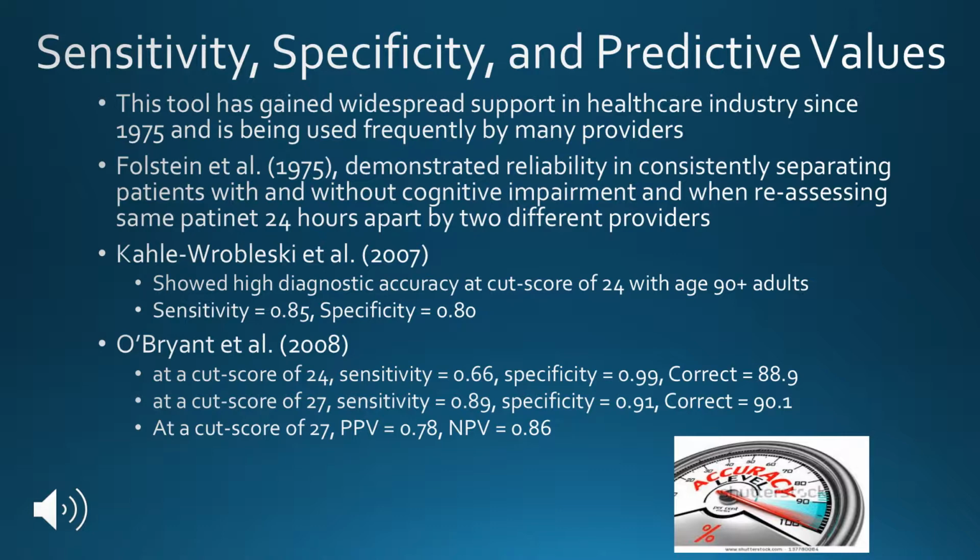But it needs to be mentioned that in this study, these were college-educated individuals, which suggests that a higher cut score for the MMSE may need to be used for those with a college level education. Additionally, at this cut score of 27, there was a positive predictive value of 0.78 and a negative predictive value of 0.86.